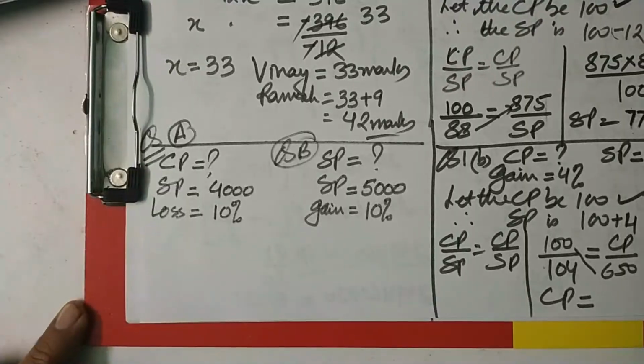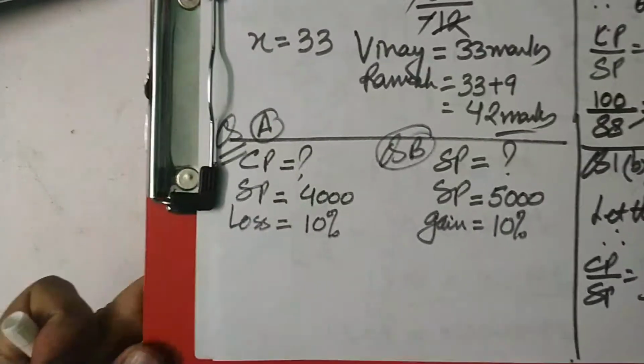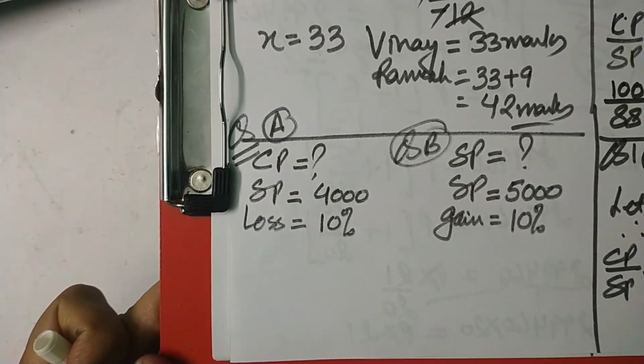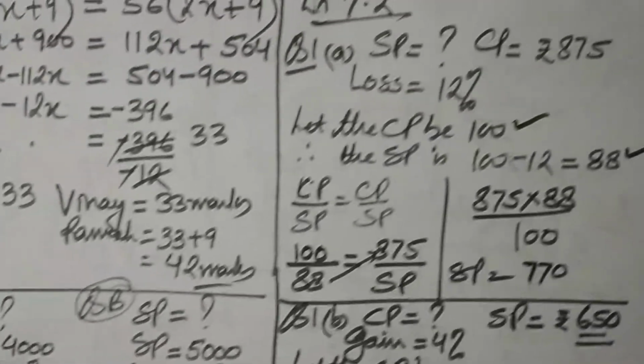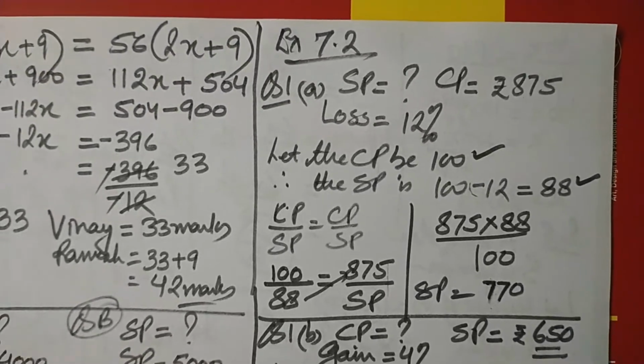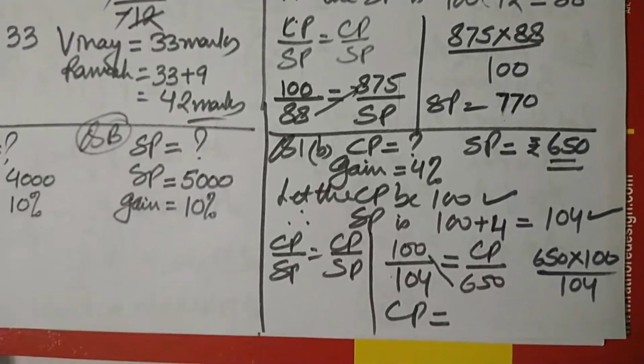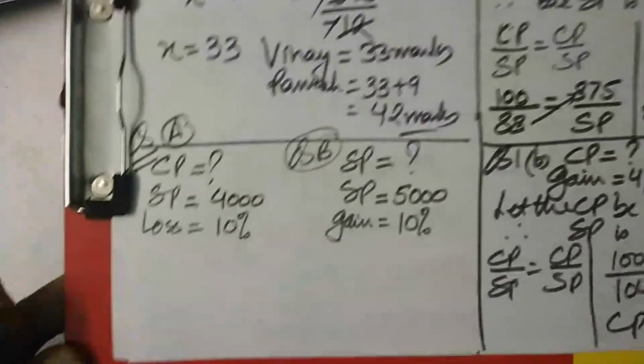Now these two questions you can note, or you can take a screenshot of these two questions. The method used will be the same which I have explained just now. Watch this explanation again and you will see that you apply the same method.